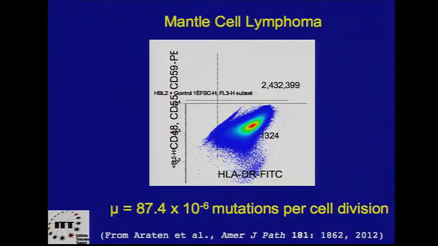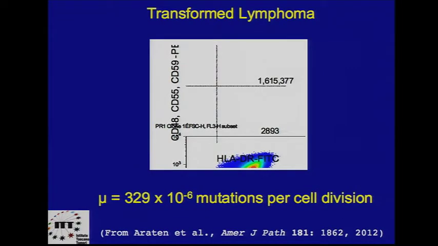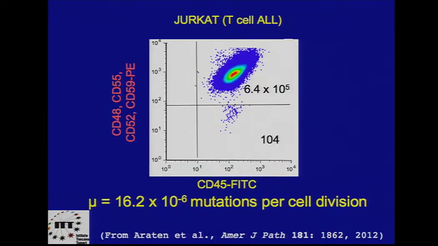And so we were able, in fact, David Araten did very nice work on leukemia and lymphoma to ask that precise question. That is, by using this approach, can we determine the mutation rate in tumors? And here you can see a figure which we regard as rather high, and here a figure that is very high, supporting that these tumors had a high mutation rate. But here you find the famous Jurkat cells from a T-cell ALL with an essentially normal mutation rate.